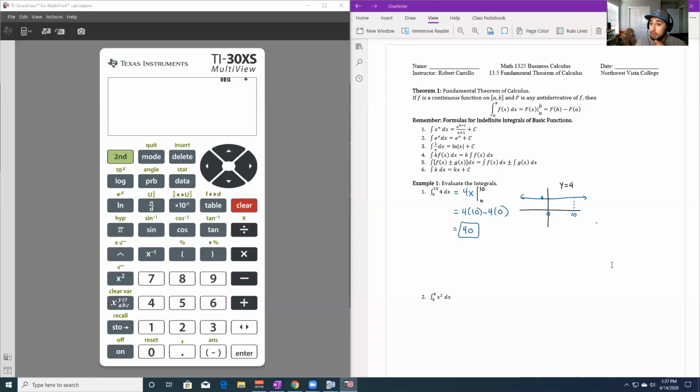Since we're evaluating y equals 4 on the interval 0 to 10, what we want to know is: what is the area beneath this line on that given interval?